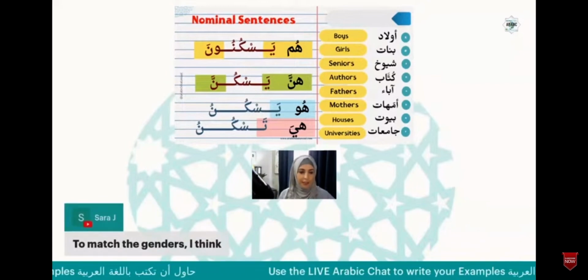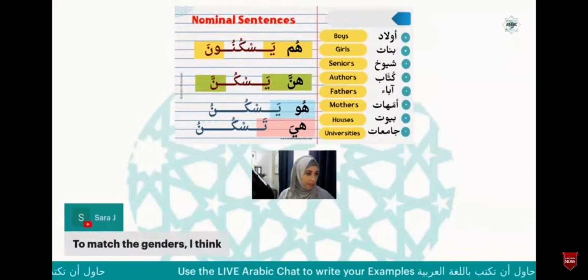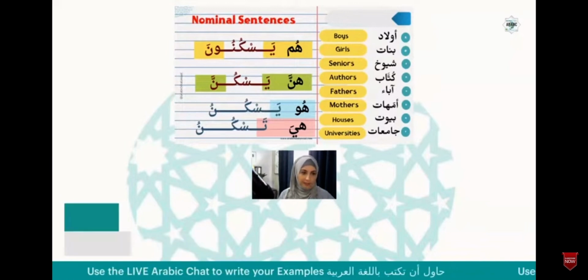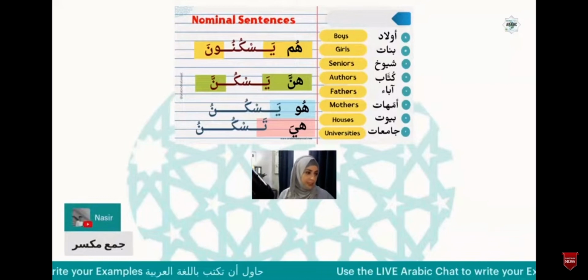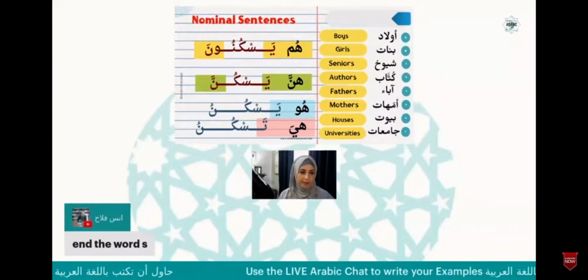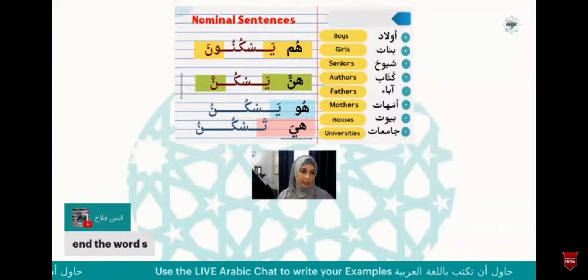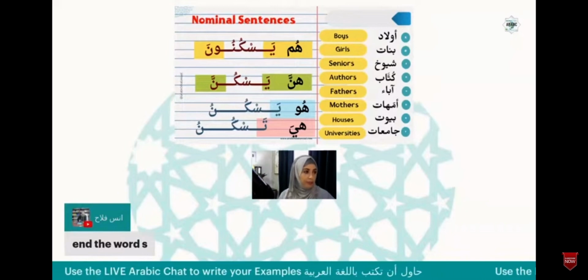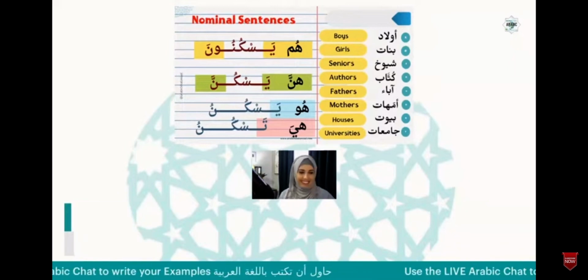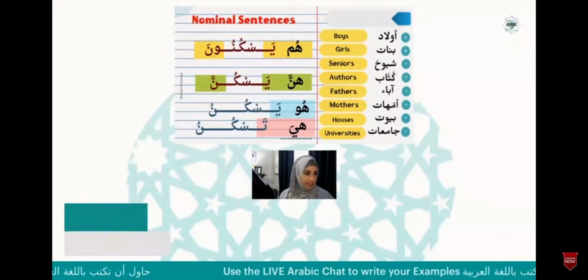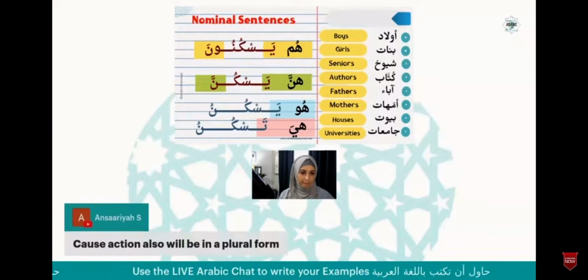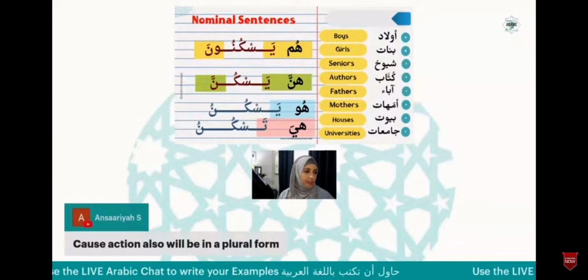To match the gender, I think. جمع تكسير. And the words in S, like making it plural. Normal or broken. Correct. MashaAllah.